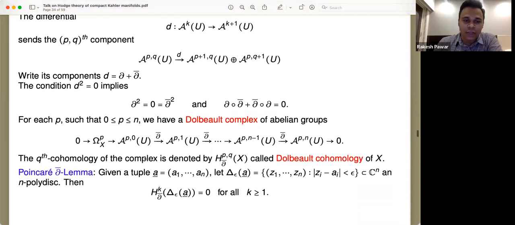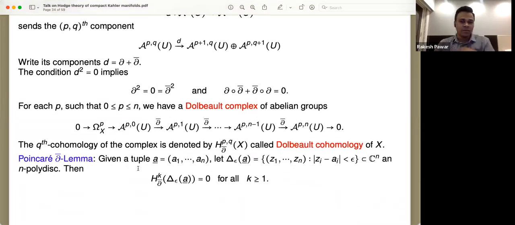Okay, so now there is an analog of Poincaré lemma here. So what you do is you take some fixed tuple of complex numbers a_1 to a_n, and look at this polydisk. So this is a disk in C^n, where the distance between the complex value of z_i minus a_i is less than epsilon.